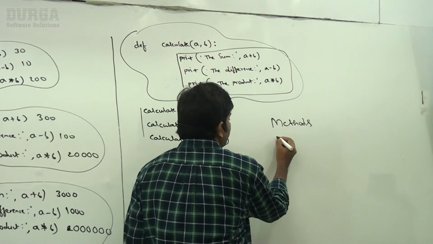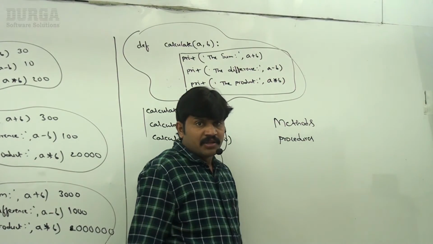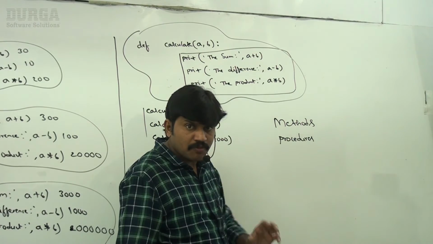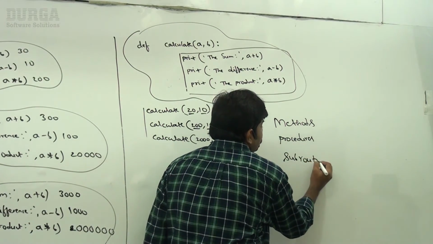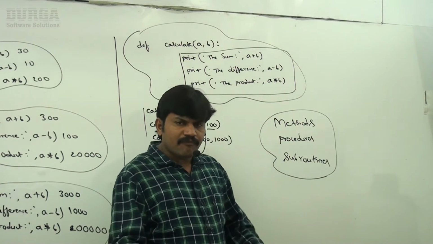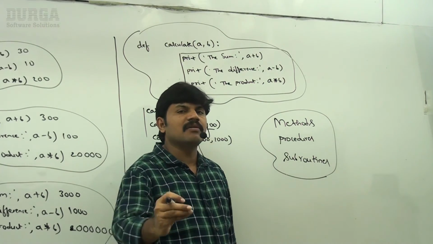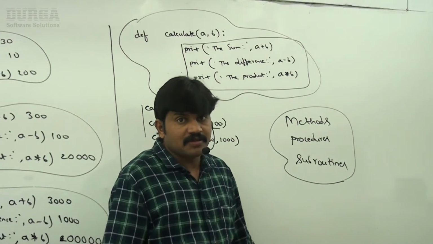In some languages we use the word procedures, like SQL. In some languages we use subroutines. Anyway, terminology may vary from language to language, but the internal concept is always the same.